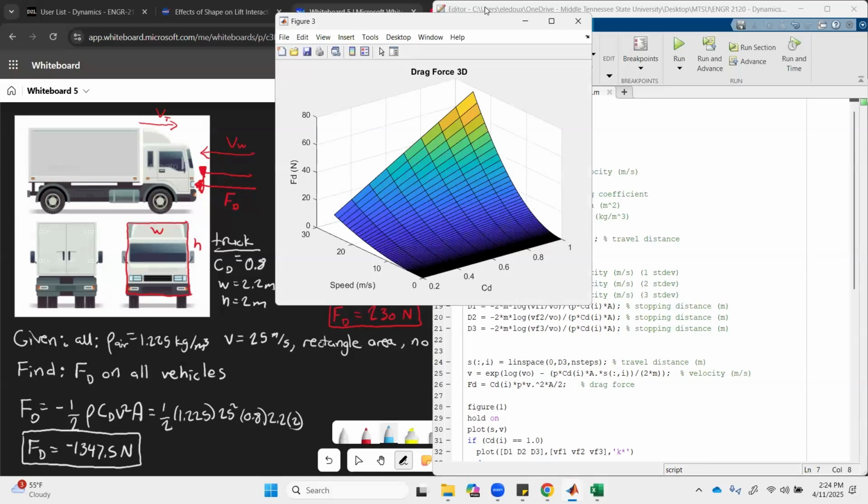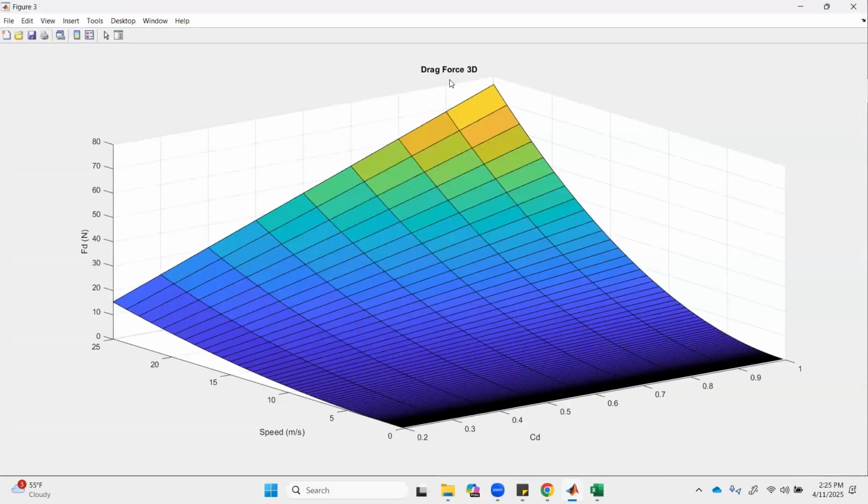Here we can see a three-dimensional view of drag force. This shows us speed on the y-axis, drag coefficient on the x-axis, and drag force on the z-axis. You can see that as the speed increases, we have an increase in drag force.